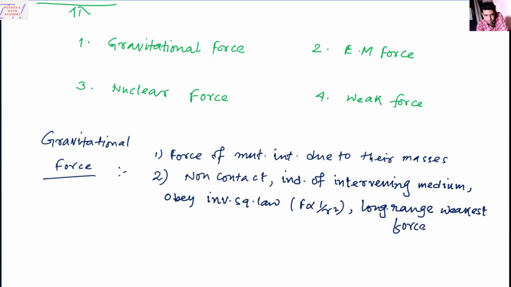Let's take an example to see all these things in a proper way. Before going to the details, we construct the formula. We assume there are two bodies, capital M and small m, and their masses are situated at the center.